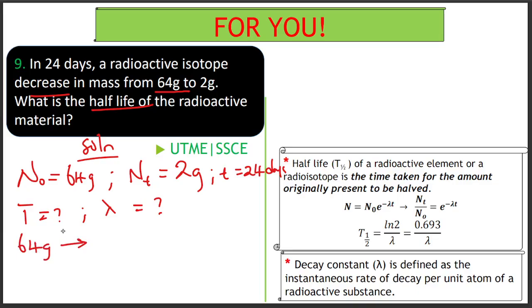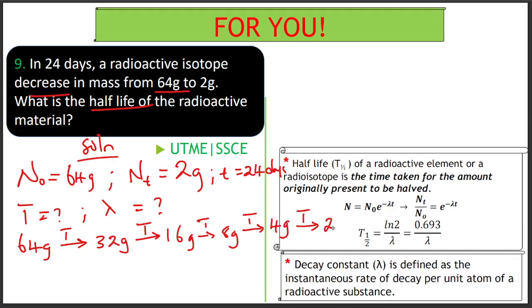After the first half-life, it will be 32. After the second half-life, 32 divided by 2 will be 16. After the next one, it will be 8. After the next, it will be 4. And then finally, it will be 2 grams. So we have to stop at 2 grams.